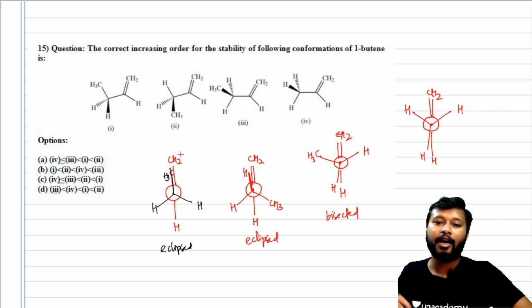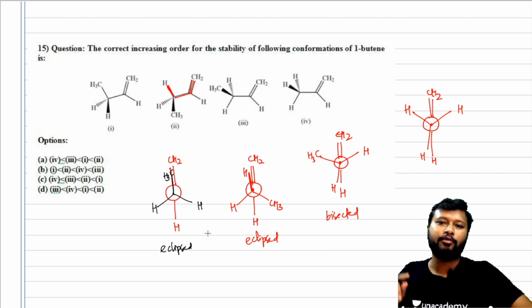The reason is hyperconjugation. The sigma bond of this carbon-hydrogen bond is in the same plane with, or can be shared with, the pi anti-bond of this carbon-carbon double bond. So this is in hyperconjugation with this double bond, and that makes it most stable.